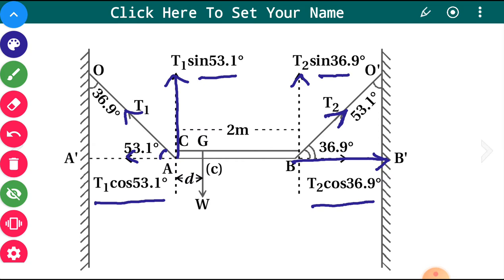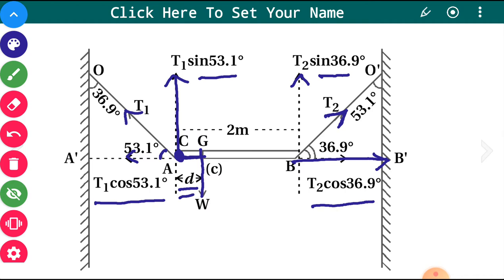Here now the distance of the center of gravity is taken as d from the left end of the rod, from this point A. The distance of G is d.